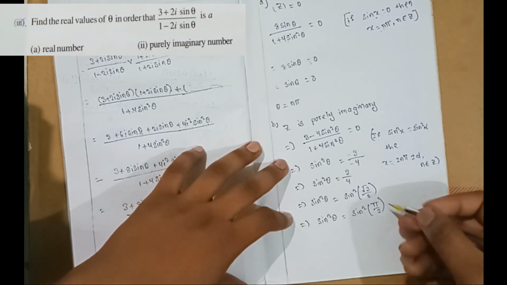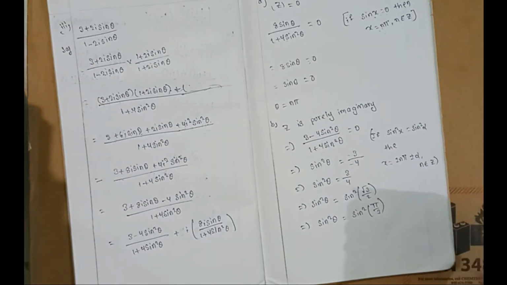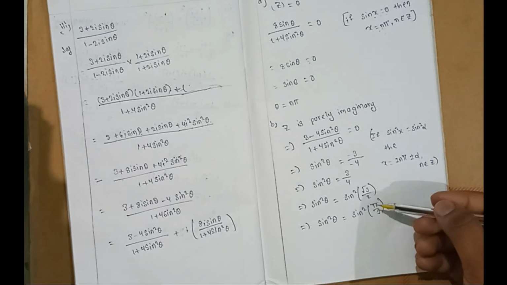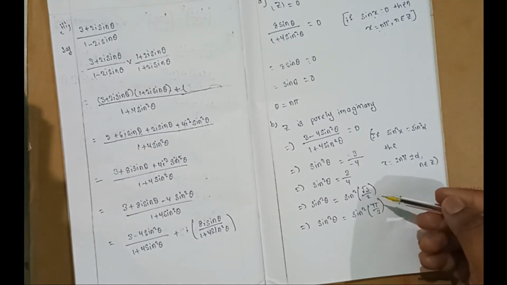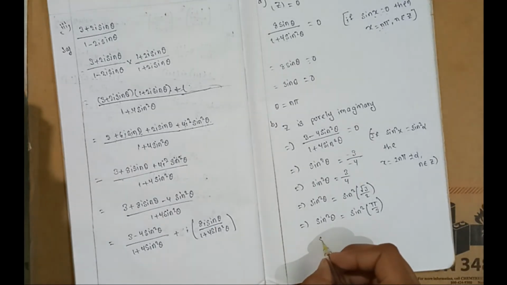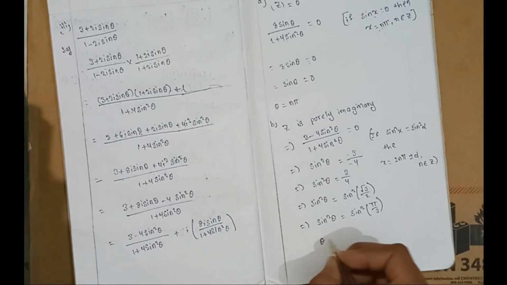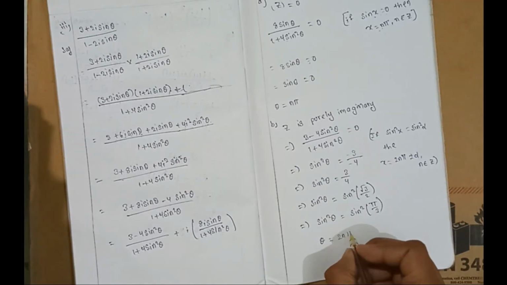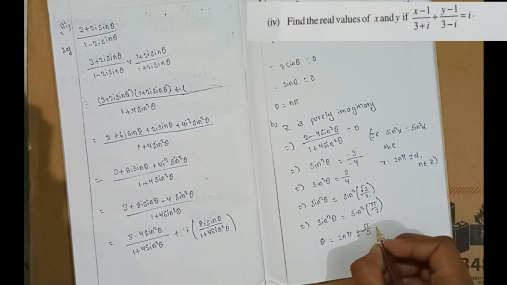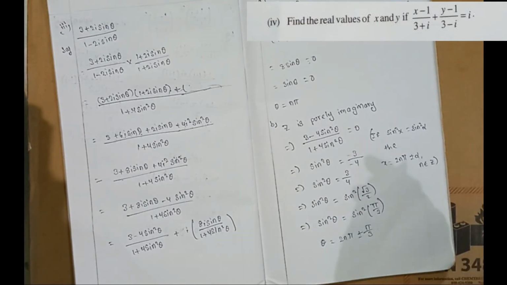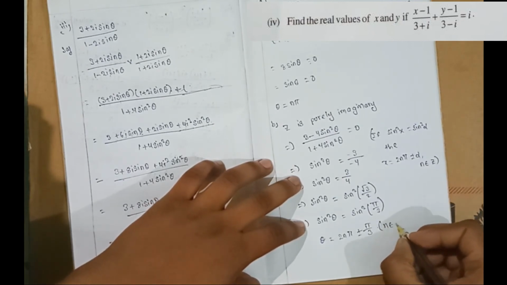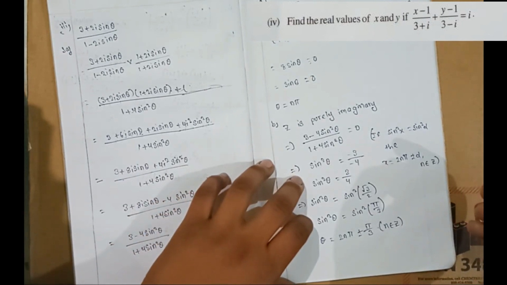If you don't know, the value of pi is 180, 180 by 3 is 60, so the value of sine 60 is root 3 by 2. So the final theta equal to 2n pi plus or minus pi by 3, where n belongs to integers.